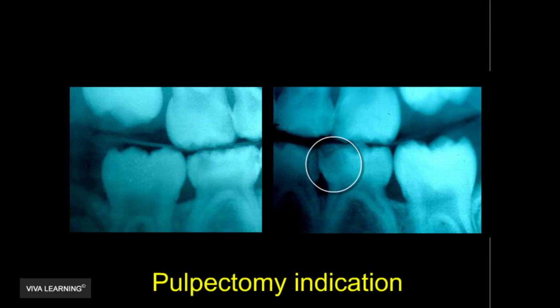So when you begin to see changes of this sort, you must consider the possibility that this tooth may end up being non-vital and in fact will end up needing a pulpectomy. That is the tooth right there.